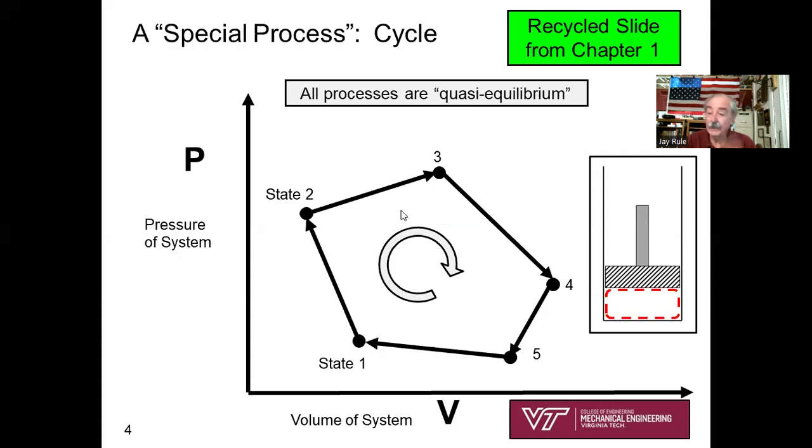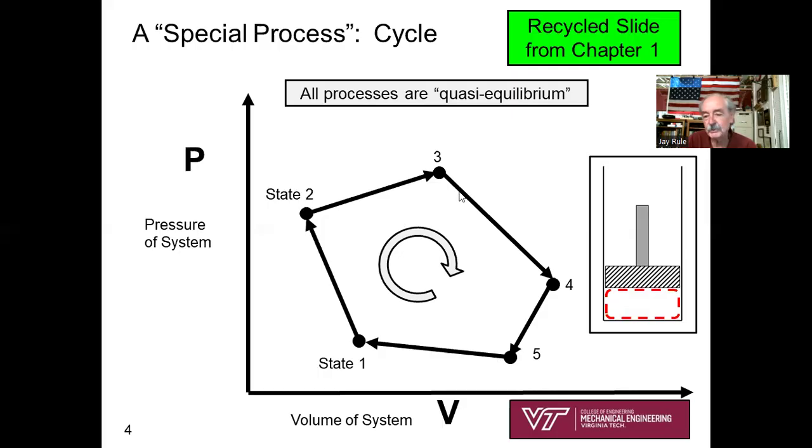Here it is, and I'll remind you that what we're going to propose is that here's 1, 2, 3, 4, 5 processes. And all of these processes are going to be considered quasi-equilibrium processes. Now, each process does not have to be a straight linear line like I've shown here.